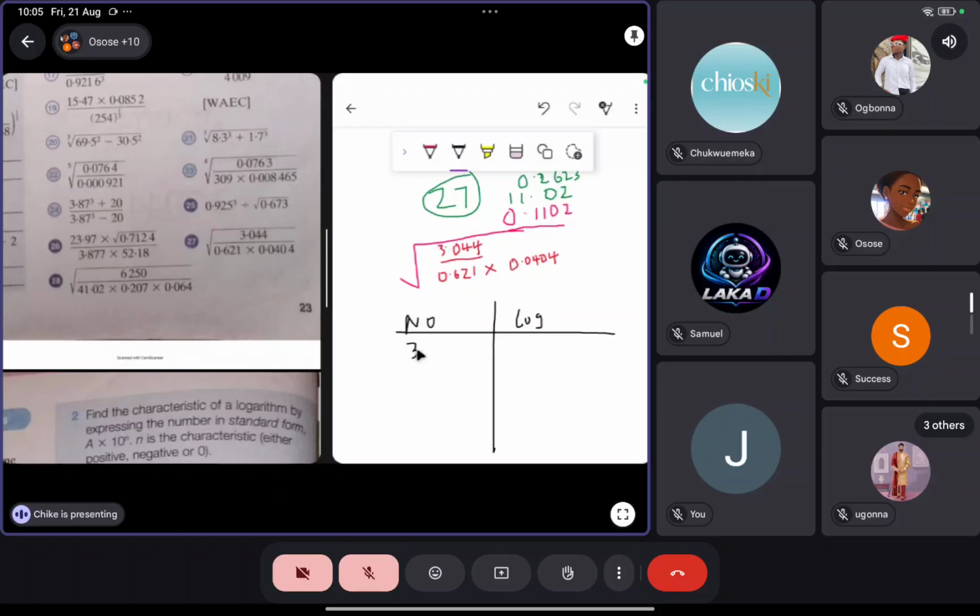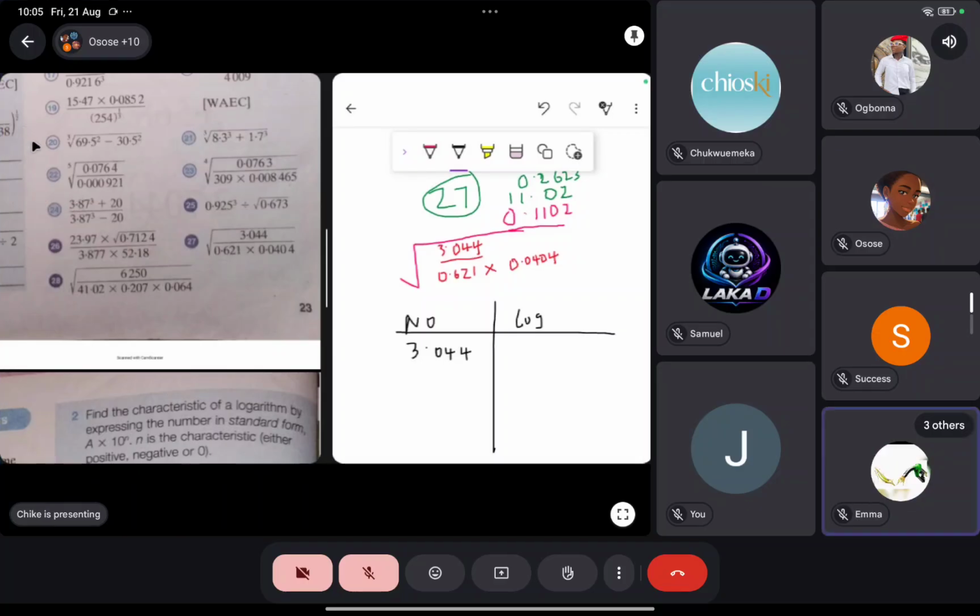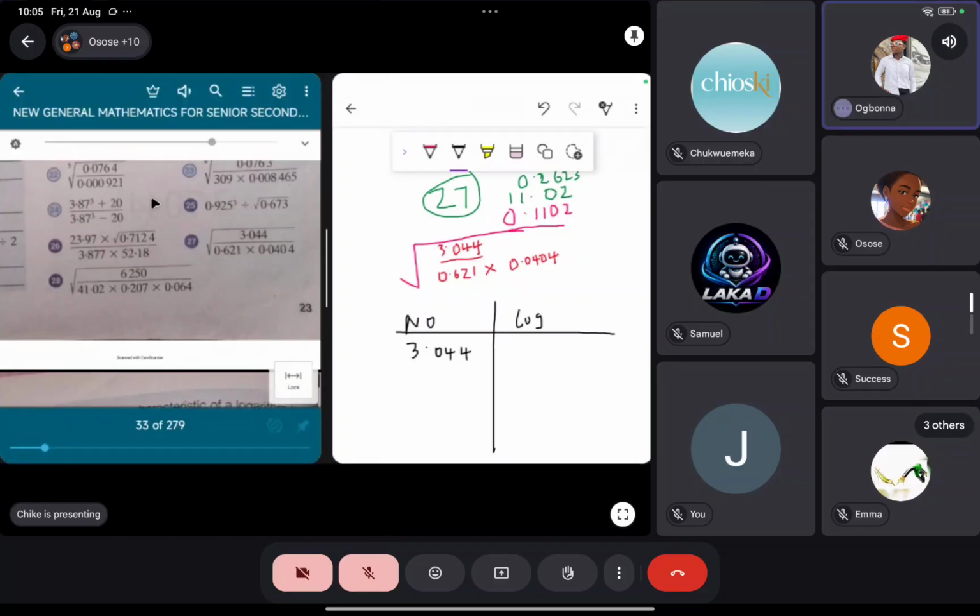All right, so we have 3.044 as the numerator. Now, what would be my characteristic? 2? Is it 2? It's 0.